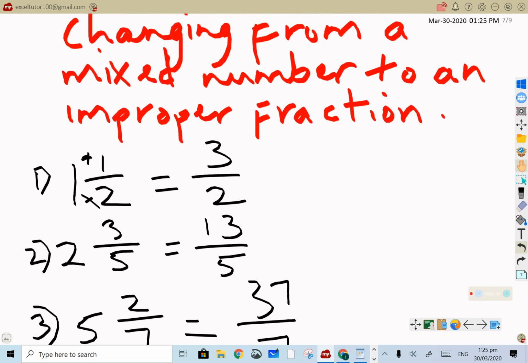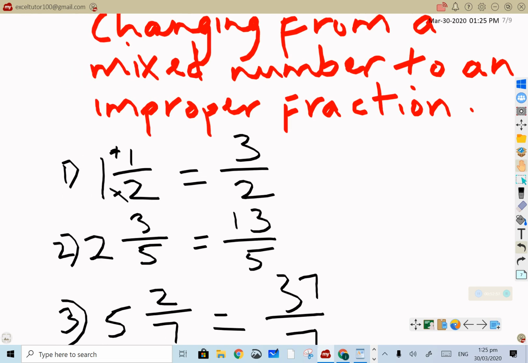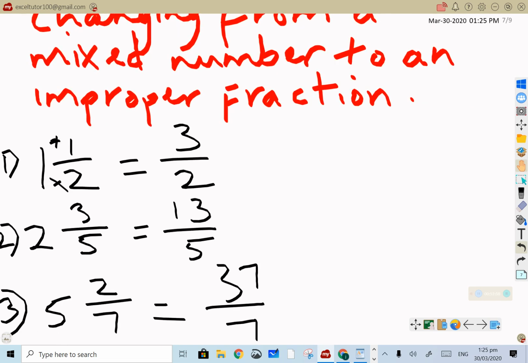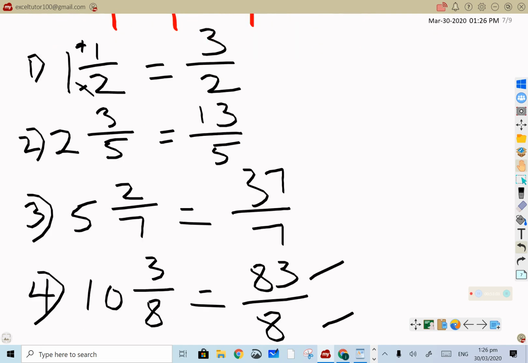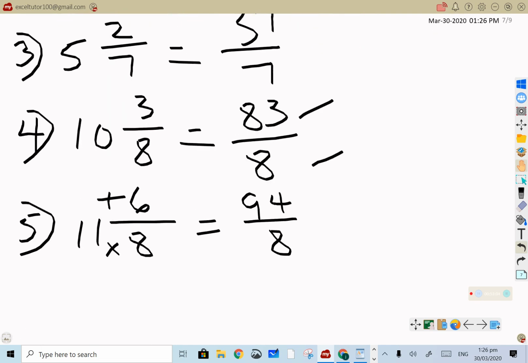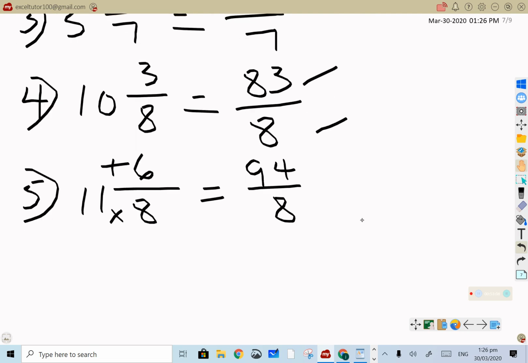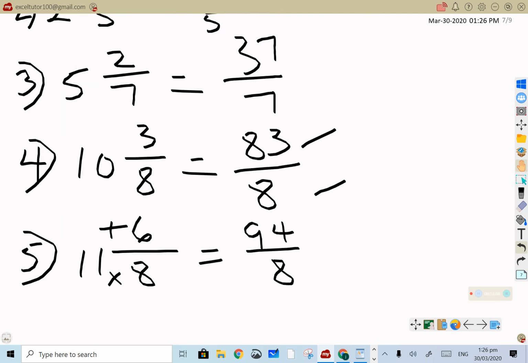It is the same thing, the same working, and we are supposed to know our timetable. So we multiply by our denominator and we add our numerator. Okay, so 1 and 1 over 2 changed to an improper fraction will be 3 over 2. Because in an improper fraction, the numerator is supposed to be bigger than the denominator. So if we look at all of them, the numerator is now larger than the denominator.